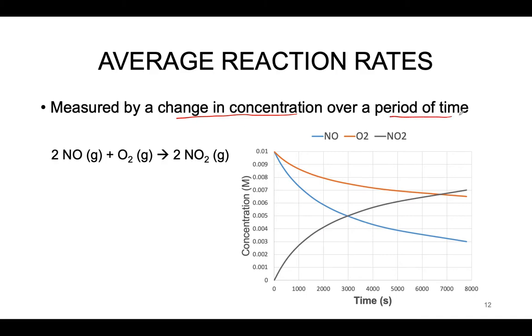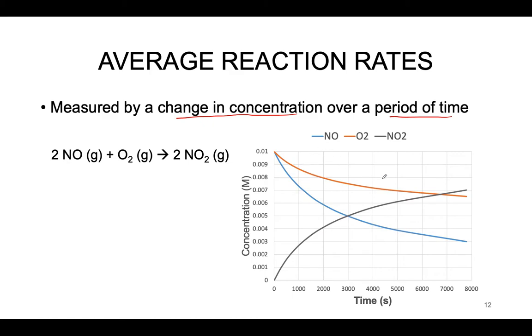So literally all we're observing with what is known as the average reaction rate is how the concentration is either decreasing for a reactant or increasing for a product as time progresses. For example, and we're going to be focusing on this example for like the first half of today's lecture, let's say we are observing the reaction of 2 nitrogen monoxides with a single oxygen gas molecule, and this turns into 2 nitrogen dioxides.